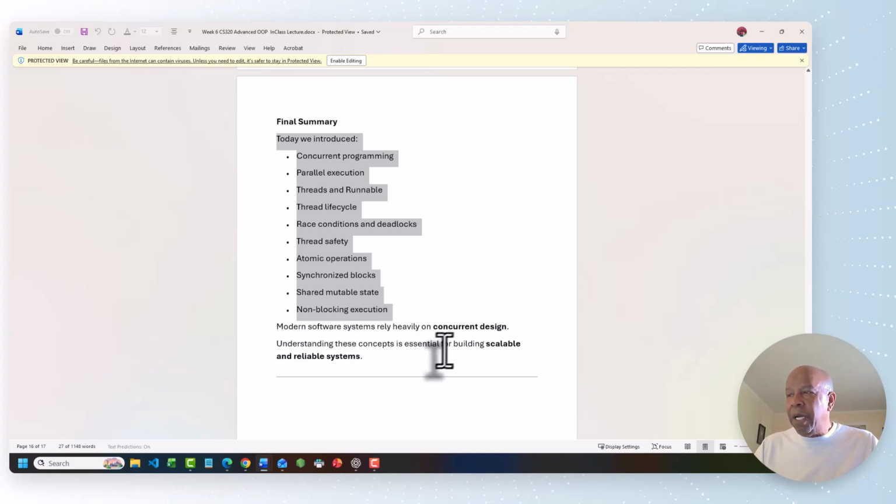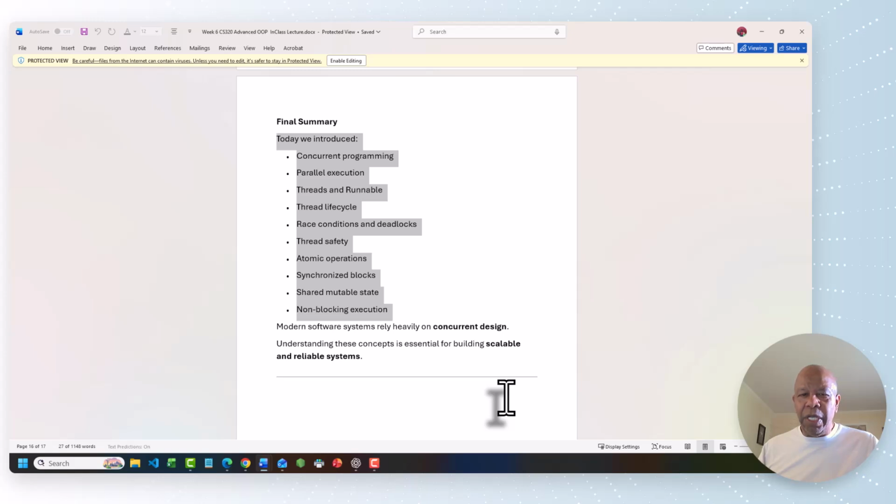So modern software relies heavily on concurrent design. Understanding these concepts is essential for building scalable and reliable systems. Scalable: yeah, I have to have concurrency. If I go from five individuals executing a particular program to 1,000, the way I handle that scalability is that I basically start using threads.